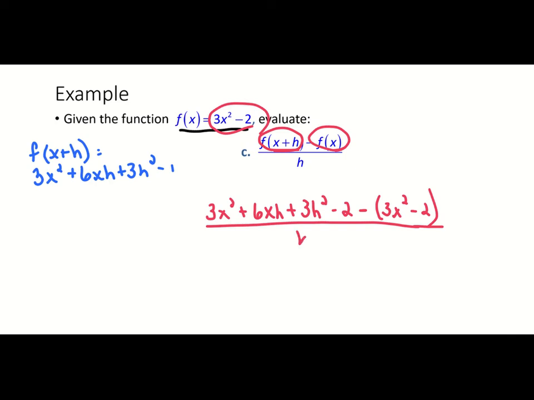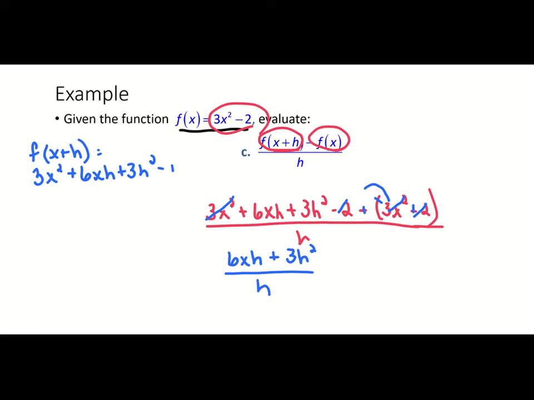So when I combine like terms here, remember, you distribute that negative, so that becomes a negative 3 and a positive 2. So that means that my 3x squareds are going to cancel and my 2's are going to cancel. So right now I have 6xh plus 3h squared over h.